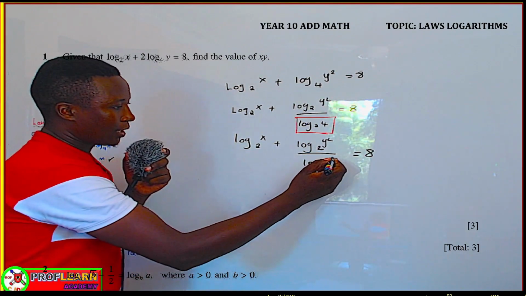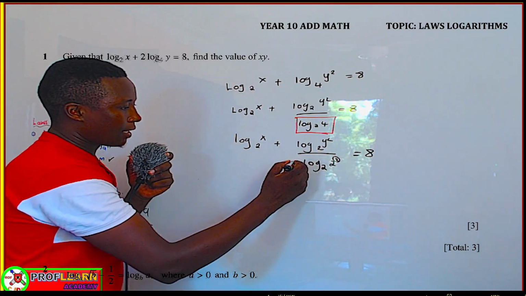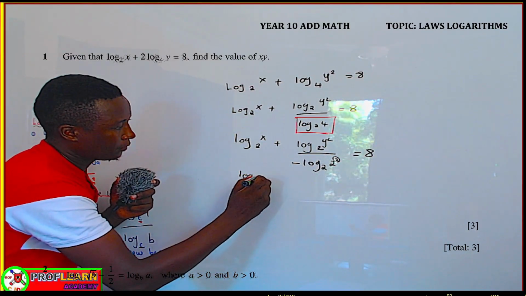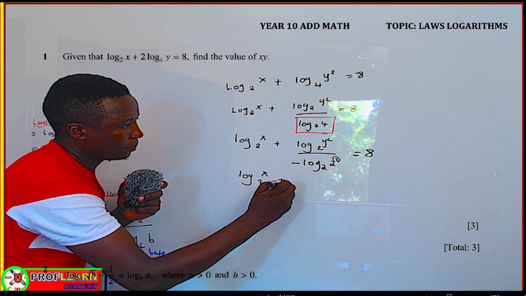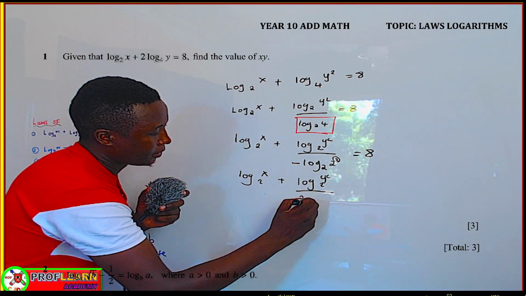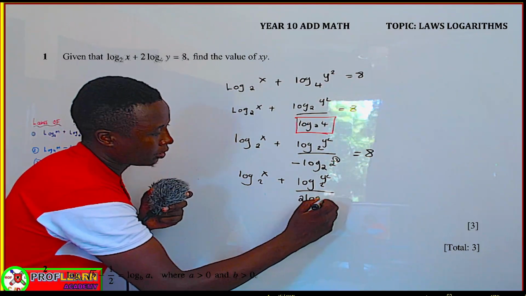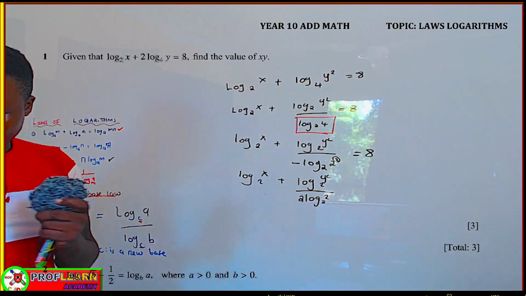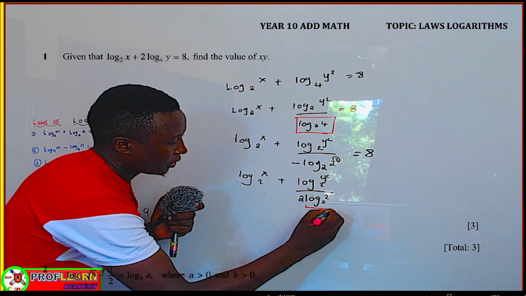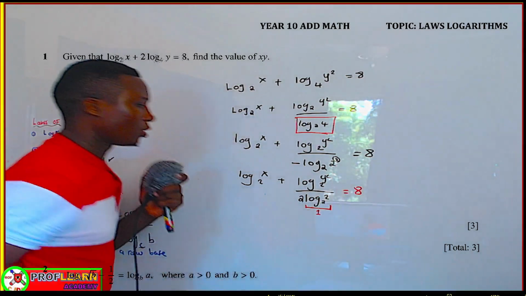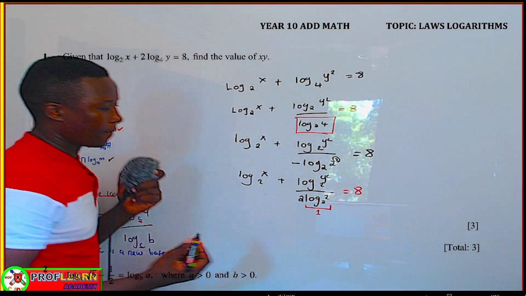Now we can take the power in front of the log here, and this is going to be log x base 2 plus log y squared base 2 divided by 2 log 2 base 2. But we know anytime you have log 2 base 2, this is equivalent to 1, and then this is equal to 8.